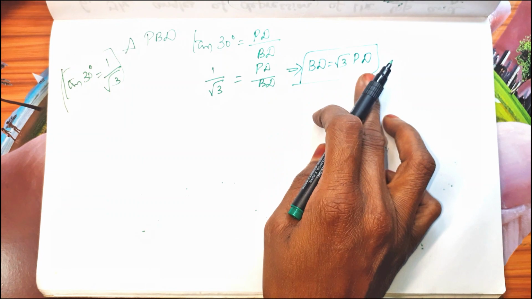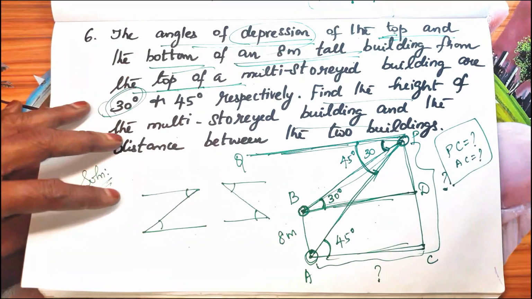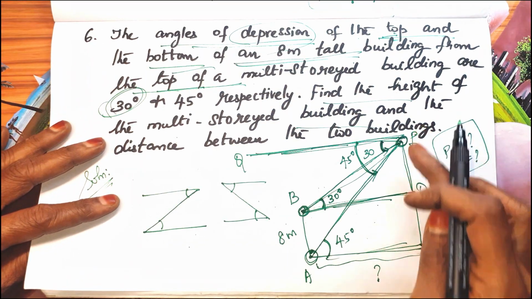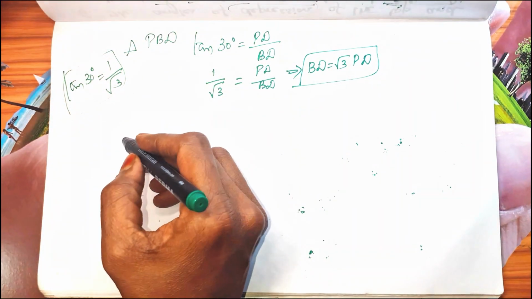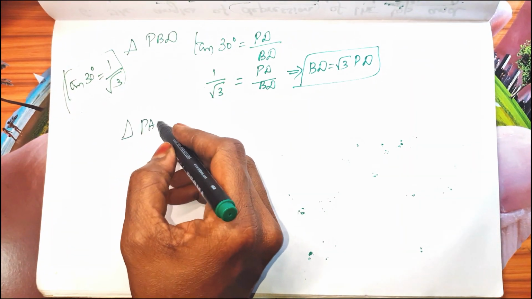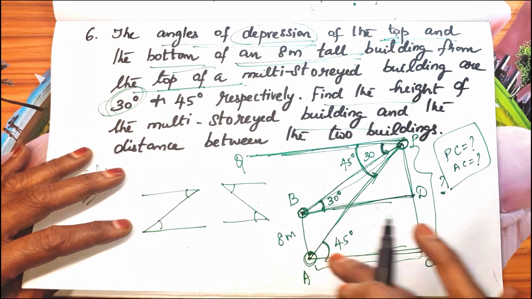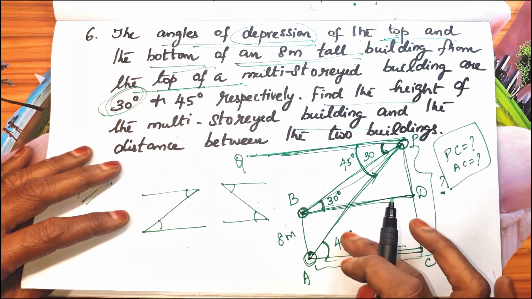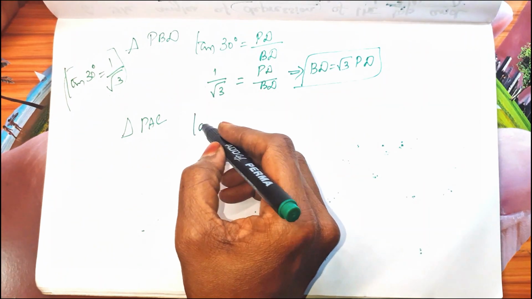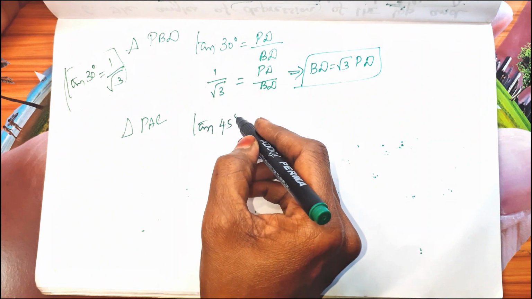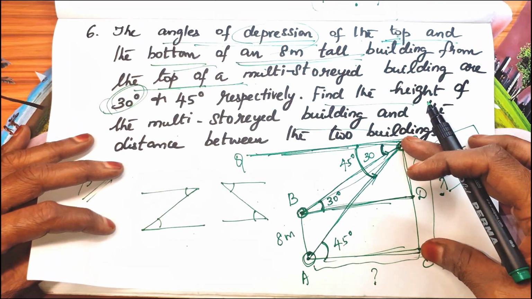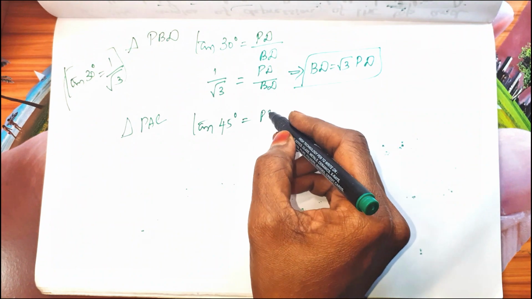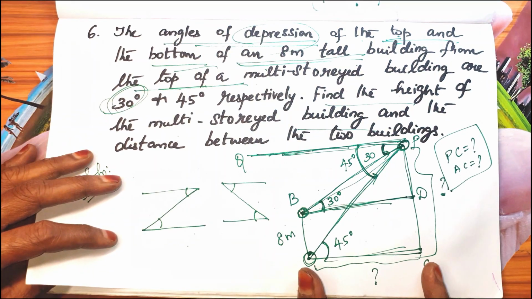Number 1. Now we are going to consider the triangle PAC. From the triangle PAC, we are going to calculate tan 45. Tan 45 degrees is equal to the opposite side PC by the adjacent side AC.